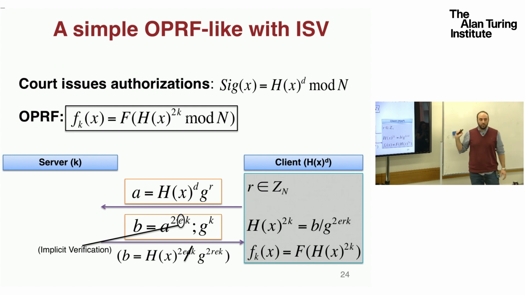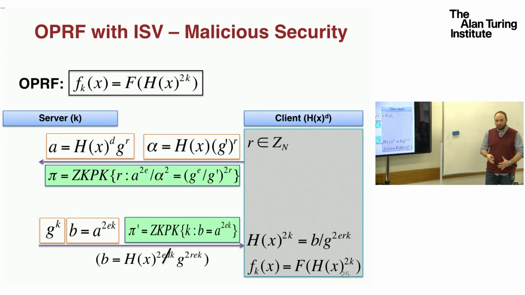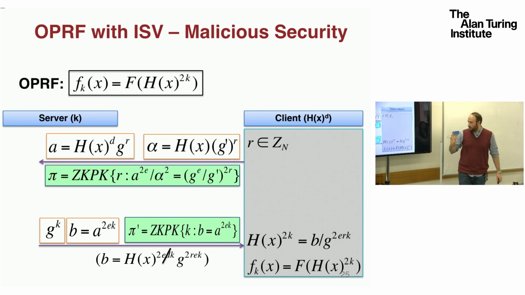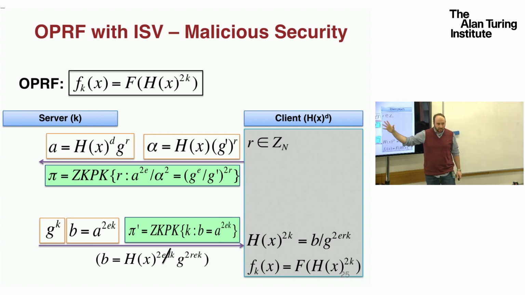So this is in the semi-honest model. We also have a variant of this that works with malicious security. What I'm adding is an extra zero-knowledge proof of knowledge that guarantees that the parties do not deviate from the protocol. If you deviate from the protocol, you're caught, and the protocol is aborted.